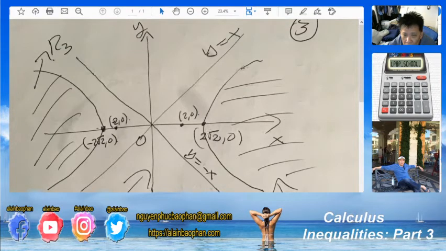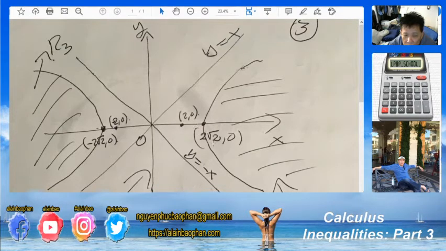You take the square root and get 2 square root of 2. So the point on the right-hand side will be 2 square root of 2, 0, since it lies on the x-axis. The other symmetric point is minus 2 square root of 2, 0. These are the two foci of the hyperbola.